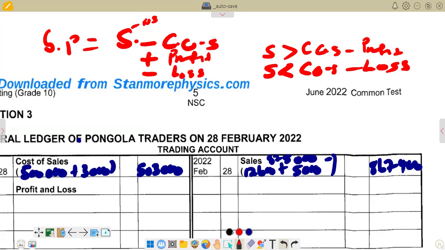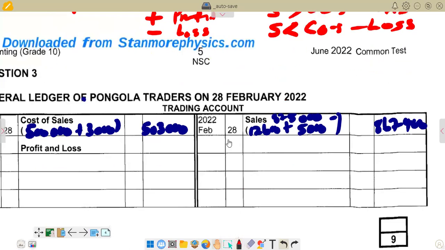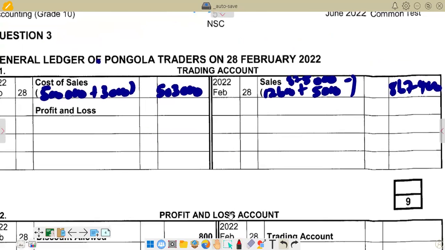So we can just put our double lines there. Our balancing figure is the one that is being represented as the profit and loss. So this is basically our balancing figure.